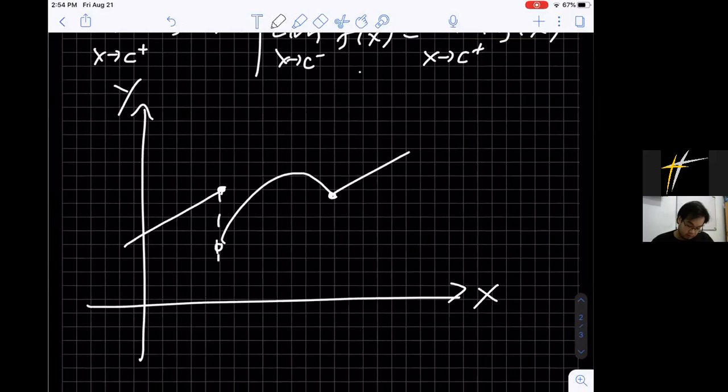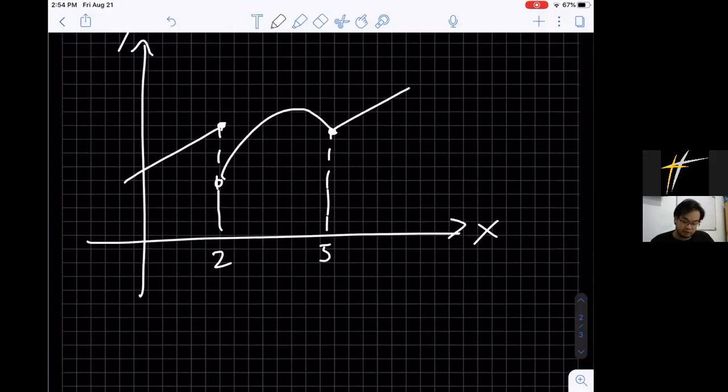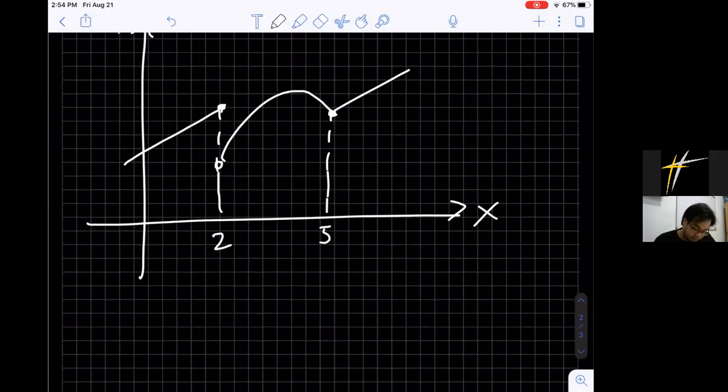This is x equals 2, and this is x equals 5. For this graph, let me just give you the values. This is actually 6, I think. This is 4.